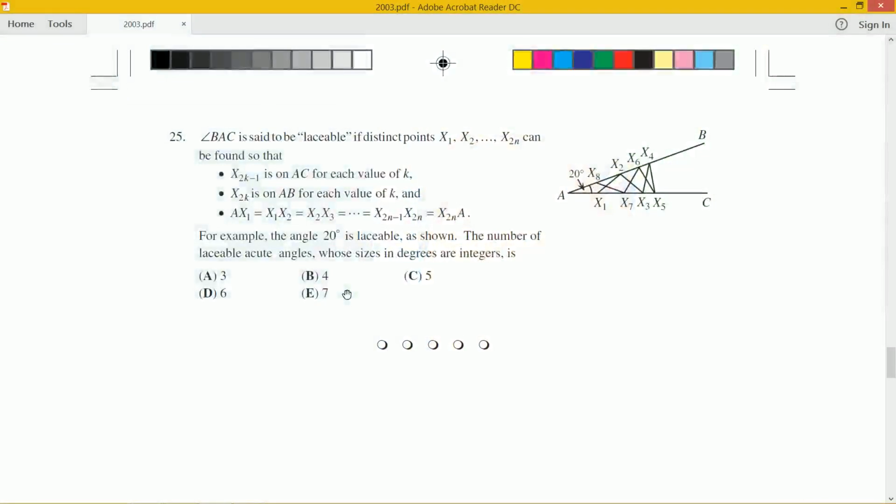Actually, can we get an equilateral triangle? I'm not entirely sure, but now that I think about it, I think 60 degrees will be laceable because it'll just be an equilateral triangle. So let's go to our notepad and see if that'll work out.